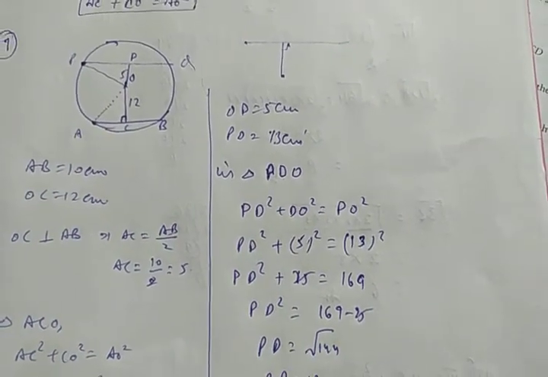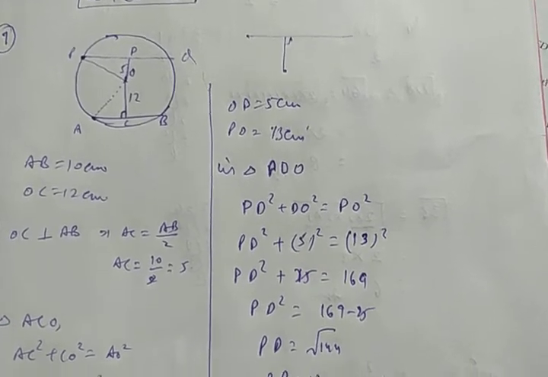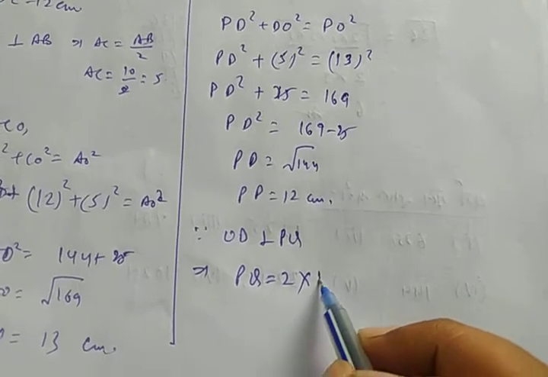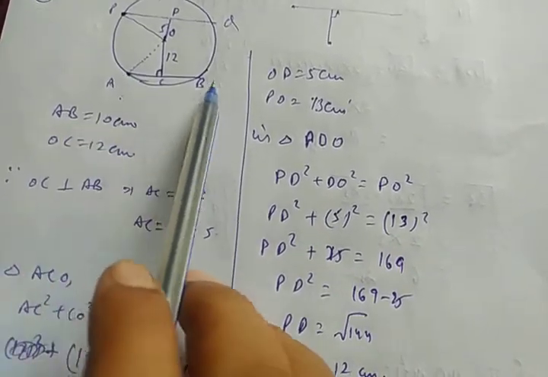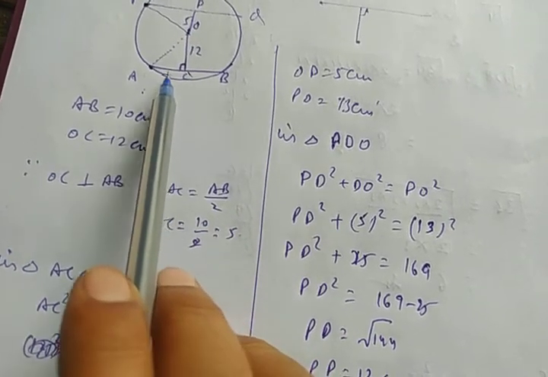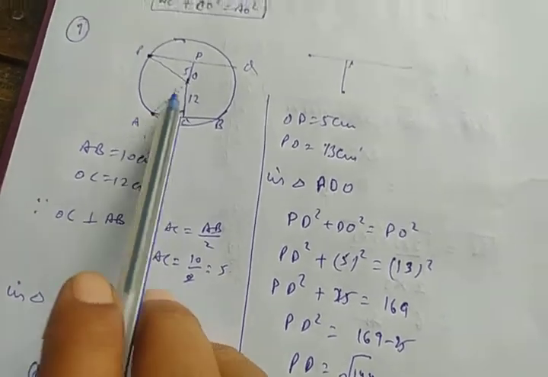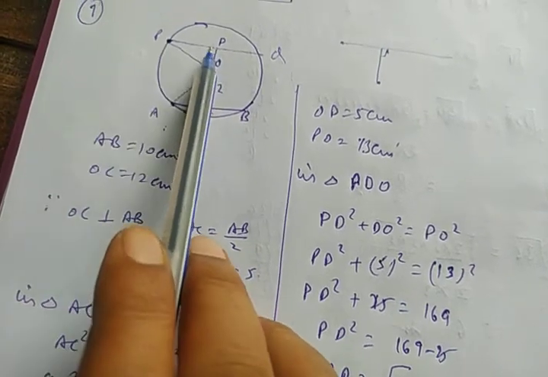Since OD is perpendicular to PQ, this implies that PQ will be twice of PD. Means if the whole length of the chord has been given and the perpendicular is drawn, you can divide the chord by 2 to obtain half of the chord, that is AC. In this case you are calculating PD. PD means half of the chord length you are calculating.